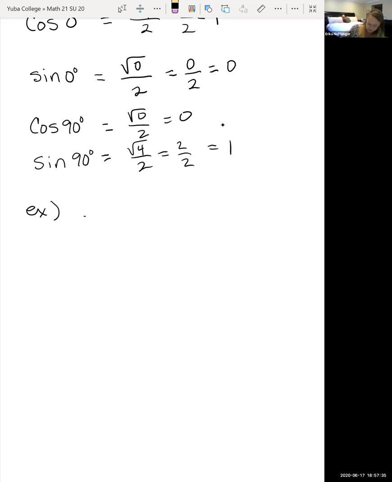So you were given that f of x is equal to your sine function, so sine of x. g of x is equal to cosine of x. h of x is equal to 2 times x. And one more function, p of x is x over 2.